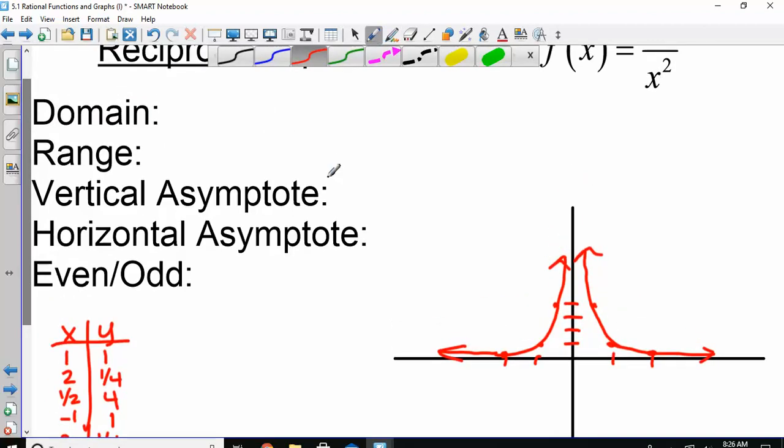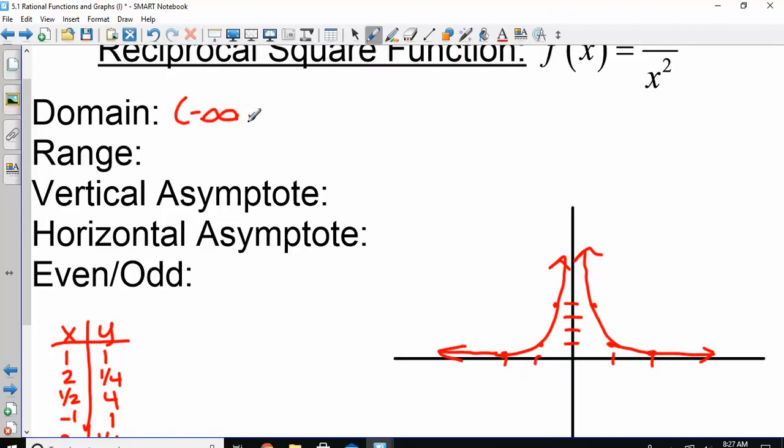Domain. We can get it from the function, or looking at the graph, what's the one value we don't hit? 0. So the domain would be -infinity to 0, union 0 to infinity. That means the vertical asymptote is at x equals 0.